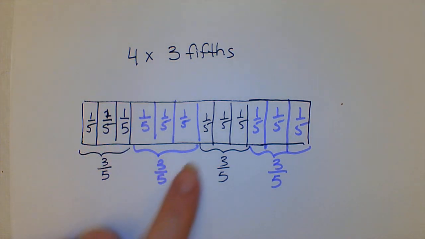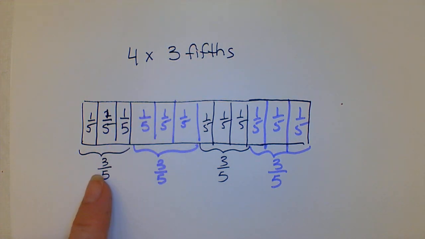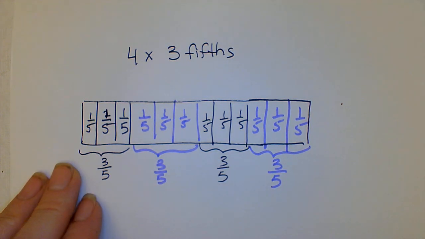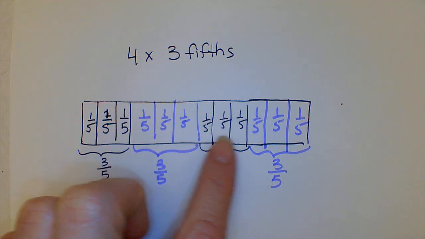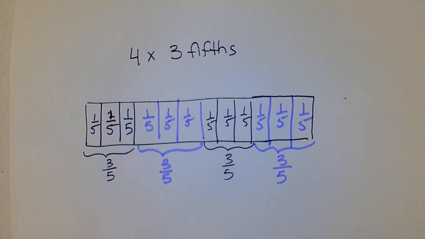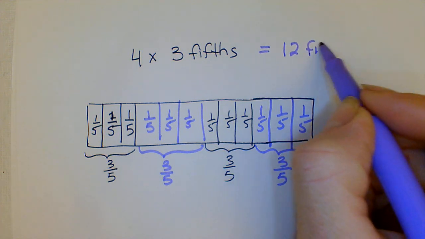And then we have another set of 3/5, so here we have 1 set, 2 sets, 3 sets, 4 sets. So visually speaking, we can see now that I have 1, 2, 3, 4, 5, 6, 7, 8, 9, 10, 11, 12 fifths. So I'm just going to go ahead and write that really quick here for us so we know where we're heading.